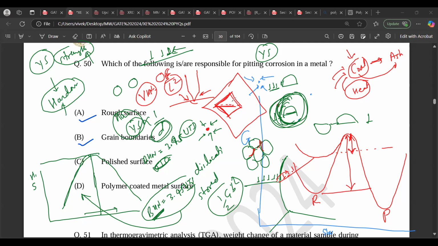So why does this resistance correlate with strength? Resistance is hardness, and why does hardness correlate with strength? Because at the localized level also, we are doing deformation only. The pit that you're developing is deformation.